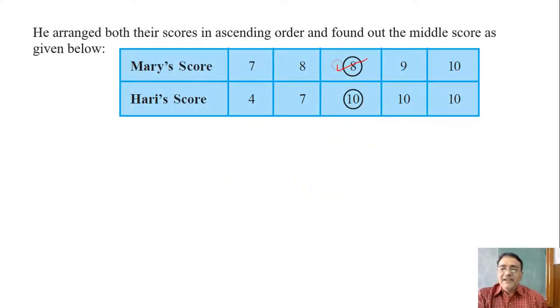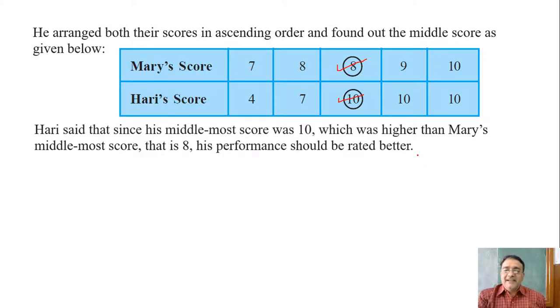Now the middle value of Harry's score is more. The middle score of Harry is more than that of Mary. So he said that since his middlemost score was 10, which was higher than Mary's middlemost score, that is 8, his performance should be rated better.